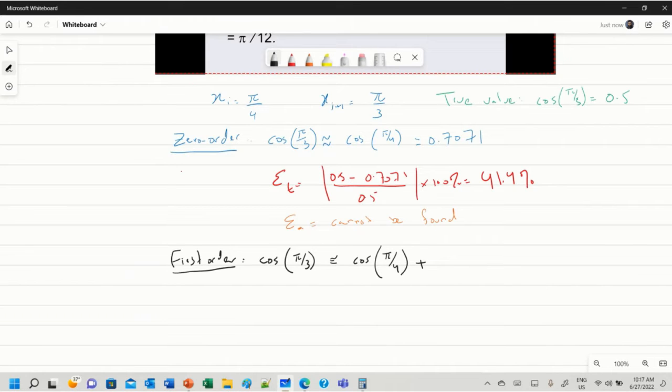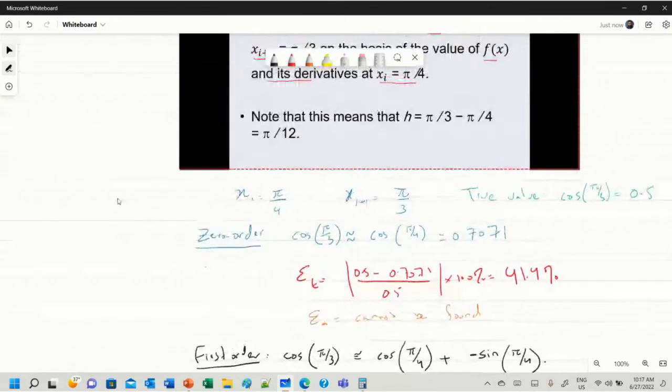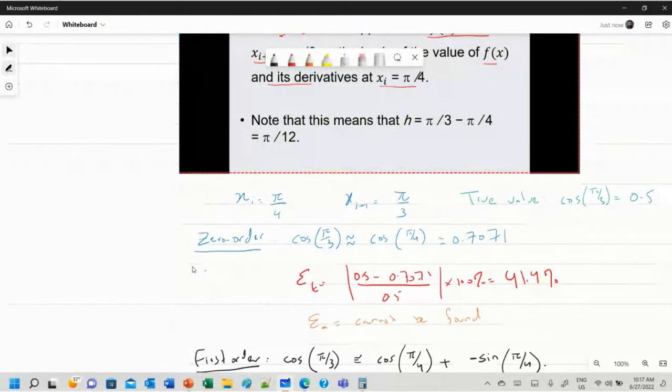What's the derivative of the cosine function? It is minus sine multiplied by the step size. Now the step size is given to you in the question. It is pi by 12.